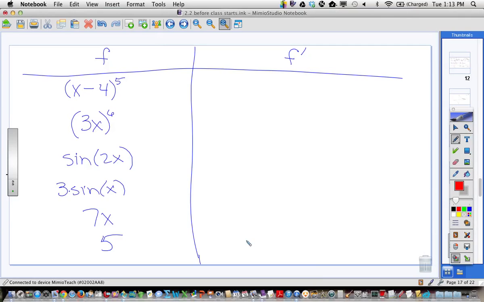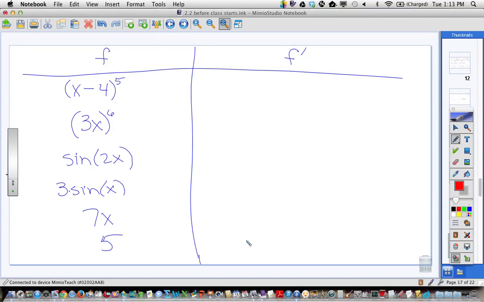But we don't always get functions that are x squared and x cubed and stuff like that. We get them shifted and stretched and compressed. So how does that affect the derivative? Well, let's think of it as graphs. Let's think about how it affects the slopes. How do these shiftings and stretchings affect the slope? And that's how it will affect the derivative.